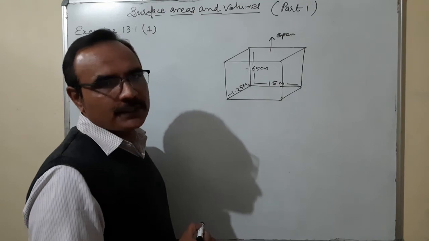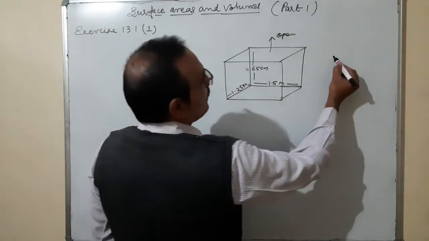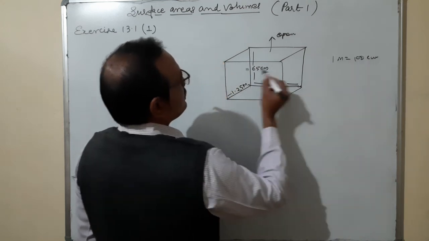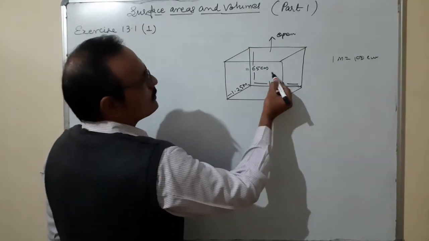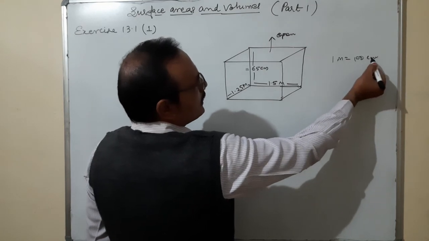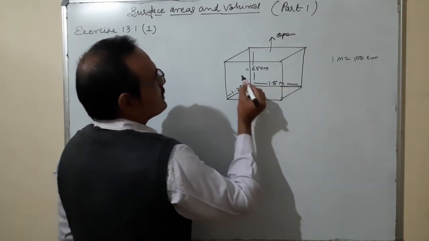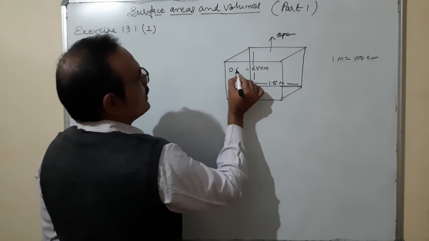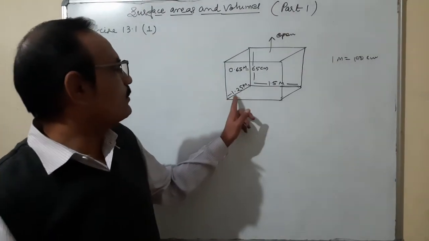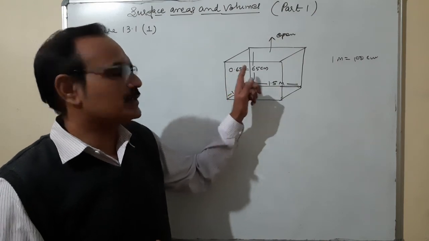As you know, 1 meter is equal to 100 centimeter. So 65 centimeter is 1 upon 100 multiplied by 65, 0.65 meter. Now all three units are 1.25, 1.5, 0.65 meter.